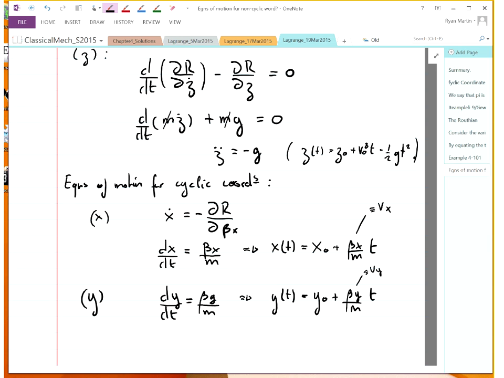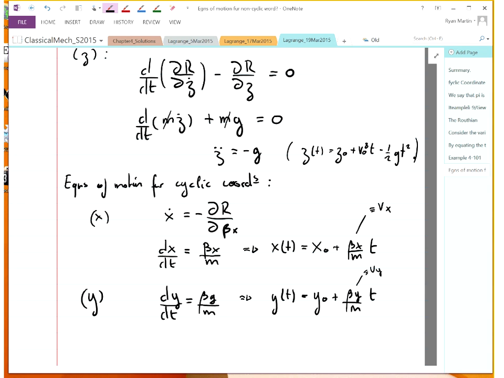However, that may not be the case, and so this Ruthian method does actually simplify things. And the way it does it is by making you focus on solving the equations for the non-cyclic variables, the z's, because those are the hardest ones to solve, and typically for the cyclic coordinates, the equations of motion are easy to solve.